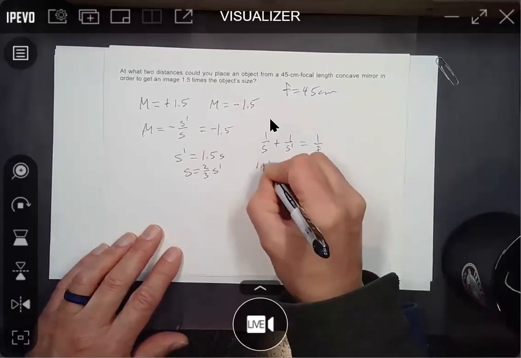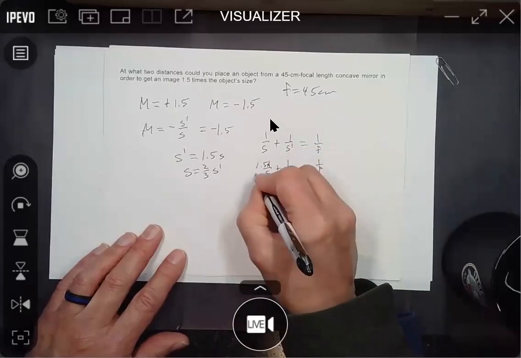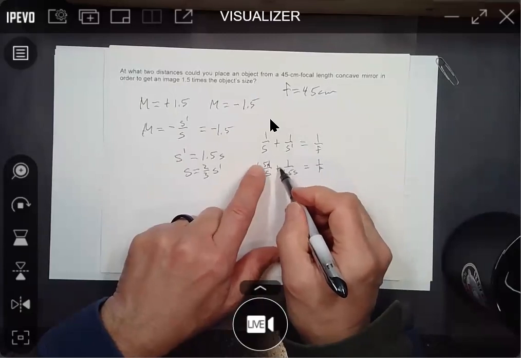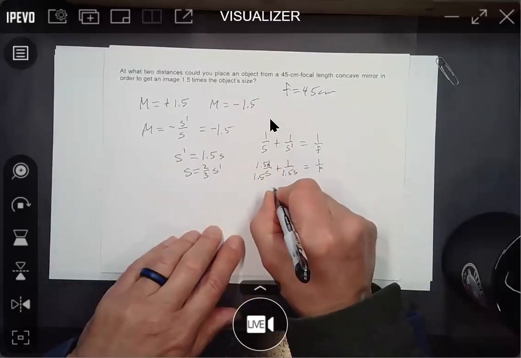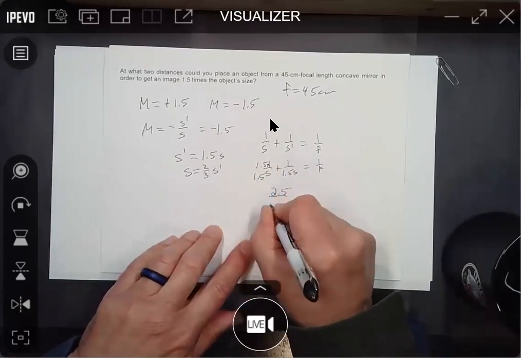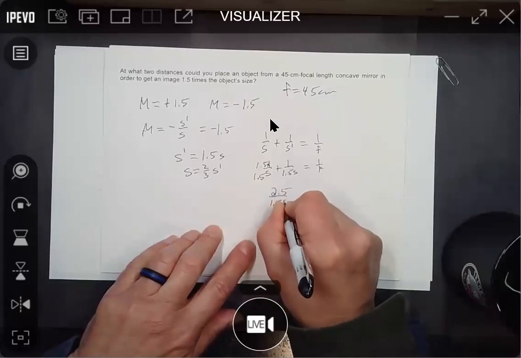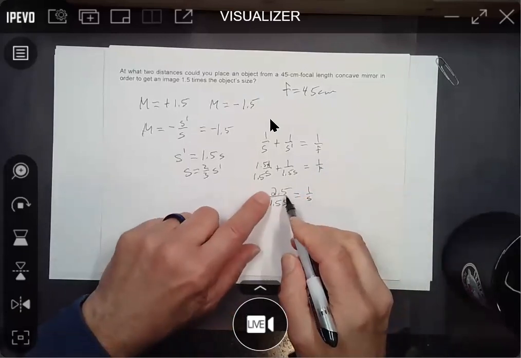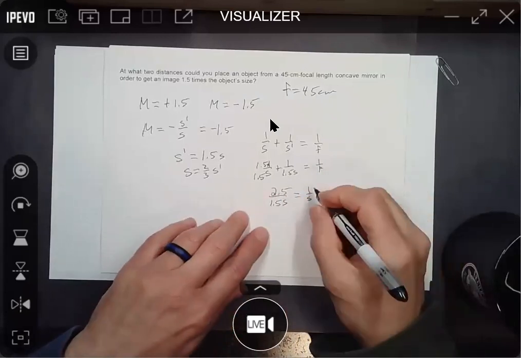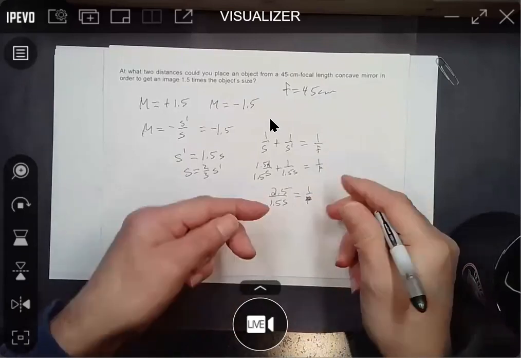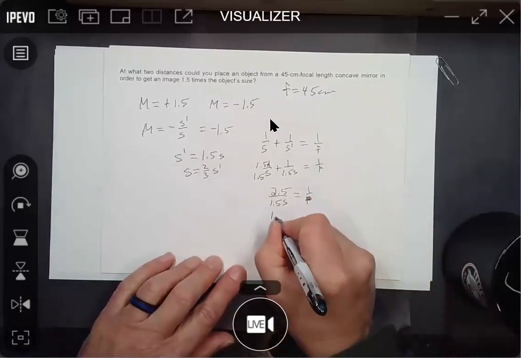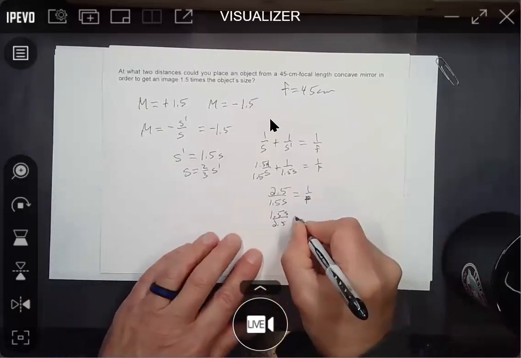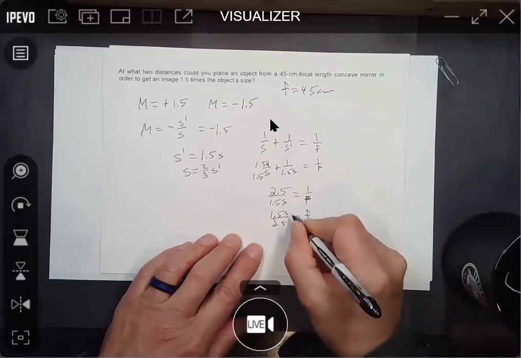I multiply top and bottom of this by 1.5, so I'll have 1.5 plus 1, which is 2.5 over 1.5 s, equal to 1 over f. Flip both sides. I'll get 1.5 s over 2.5, which is 3/5 s, is equal to f.